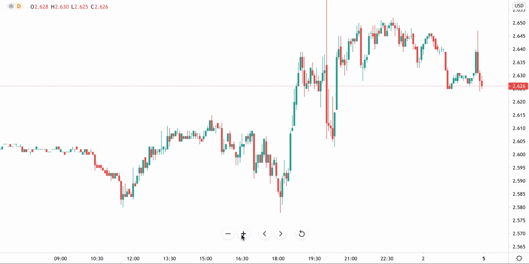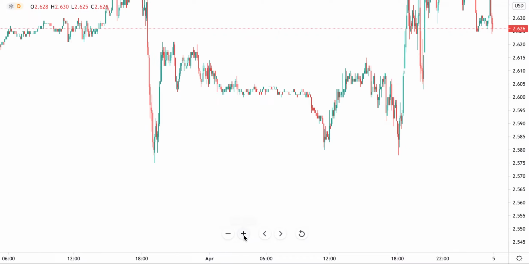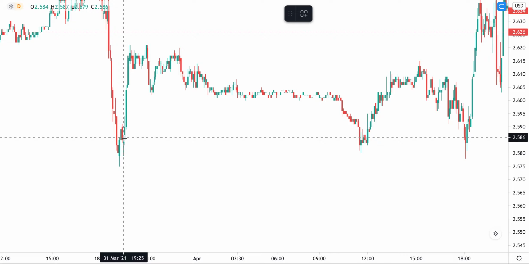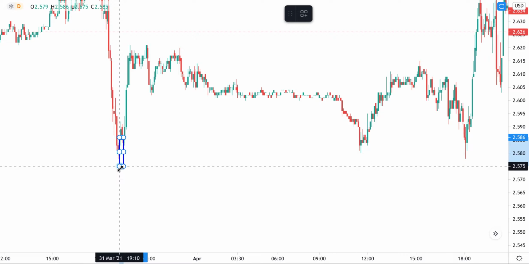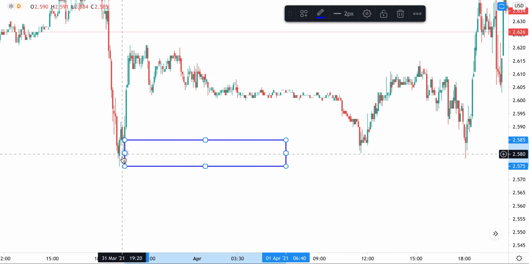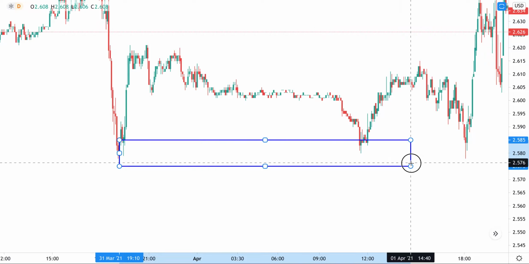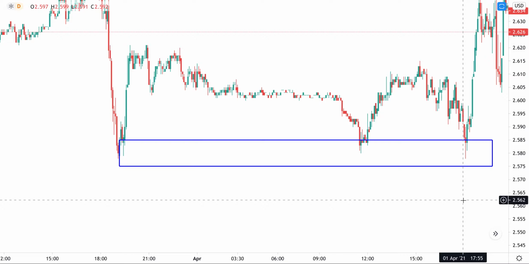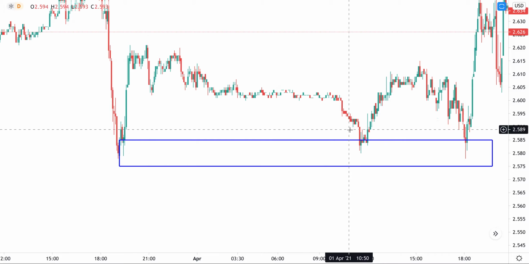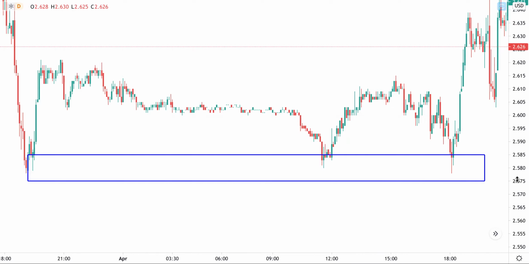See, we have a significant low here, and this is a pure demand zone. Whenever price came to that area, it bounced, but this bounce was not so strong. So some people were skeptical.